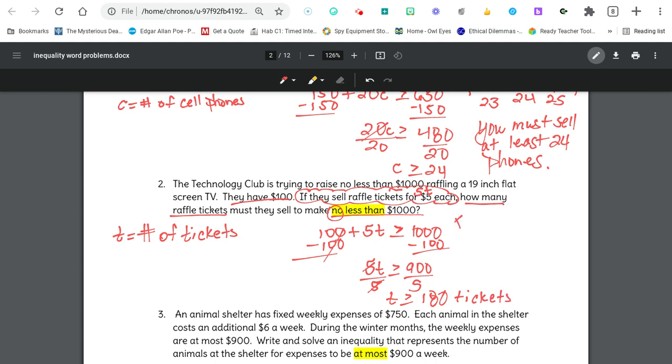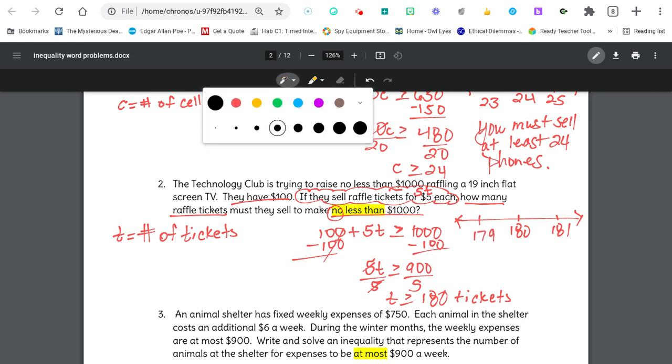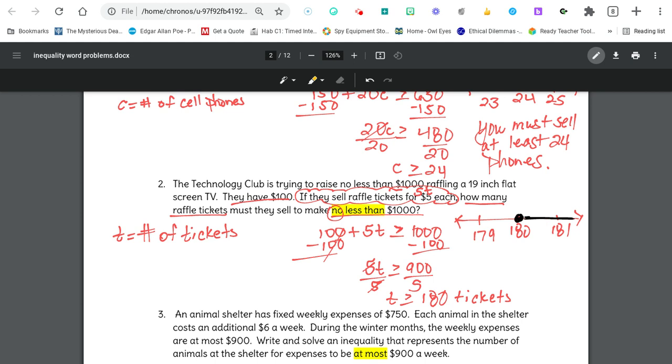All right, so they got to sell at least 180, so 180 or more. 180, 181. I'm going to write a sentence.